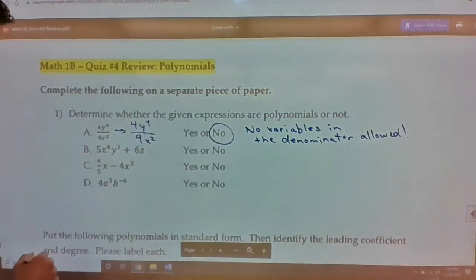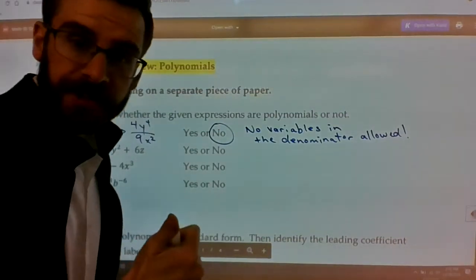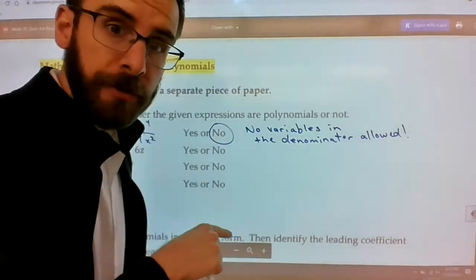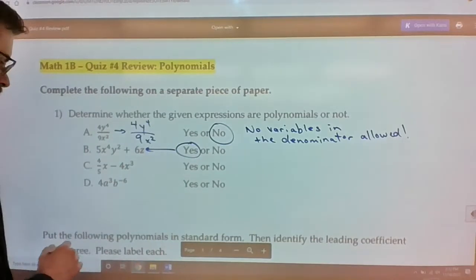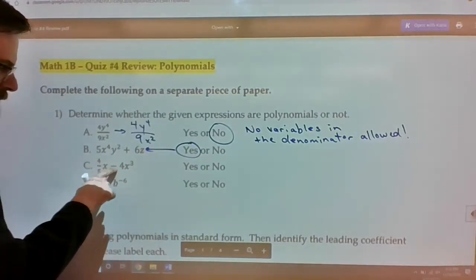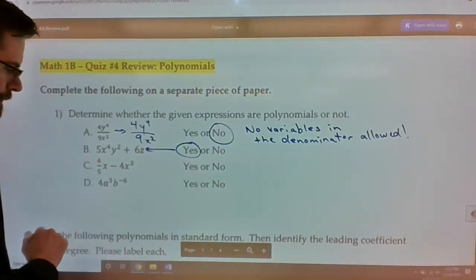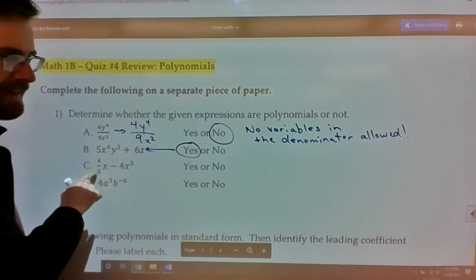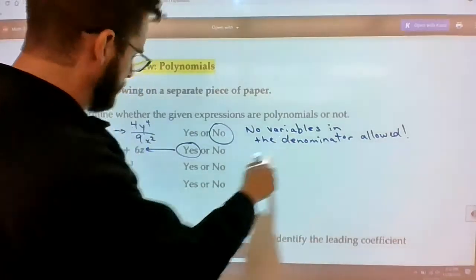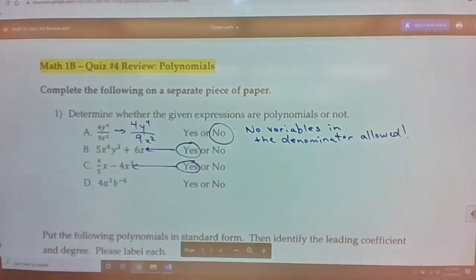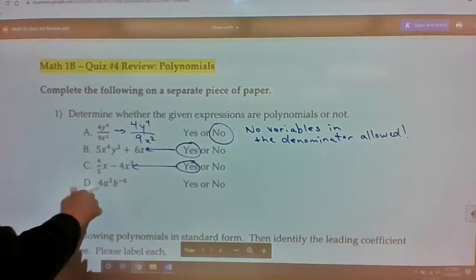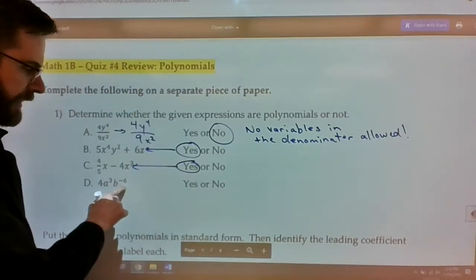Letter B, yes or no? Yes, no variables in the denominators, nor are there negative exponents. How about 4/5 x minus 4x cubed? Well, it does have a fraction, but in the fraction, there's no variable in the denominator itself. So this one is also a yes. Part D, 4a to the 3b to the negative 6.